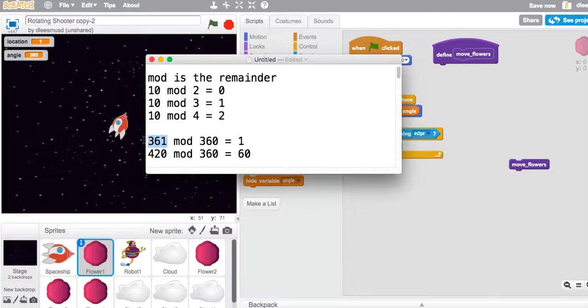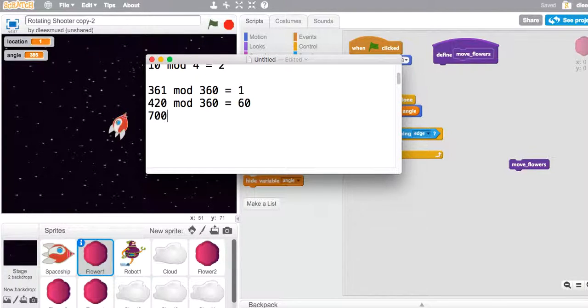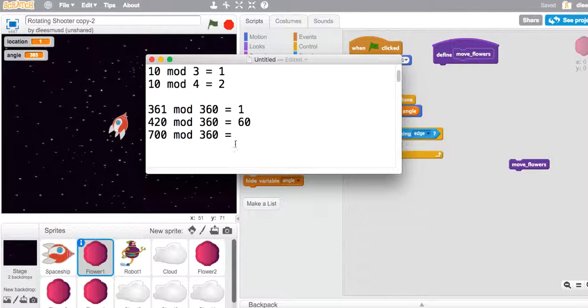So if we're looking at an angle like 361 or 420, what we want as our angle is 1. Right? And what we want as our angle here would be 60. And so you could see that we would want to mod by 360, and it doesn't matter what that angle is. It could be up to 700. And if we do a mod by 360, that'll give us the exact angle that we need to point our ship in, right?